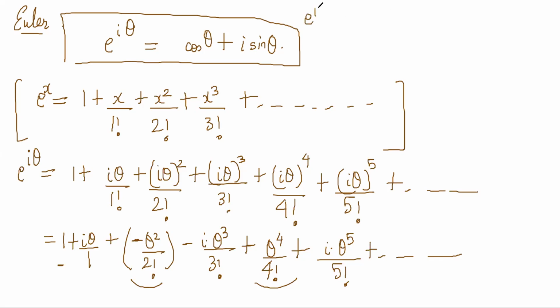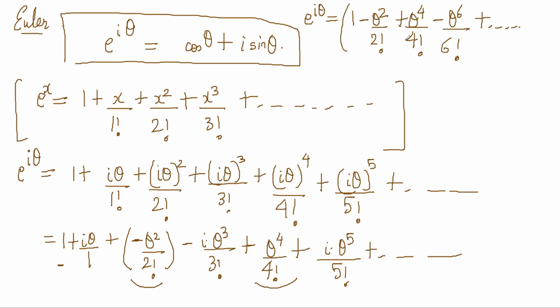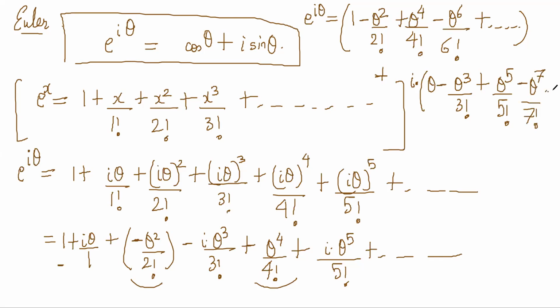So this e power i theta becomes equal to 1 minus theta square by 2 factorial plus theta power 4 by 4 factorial minus theta power 6 by 6 factorial, and so on, plus i common, and the i terms are theta minus theta 3 by 3 factorial plus theta 5 by 5 factorial minus theta 7 by 7 factorial, and so on. This will come as the i terms, right?